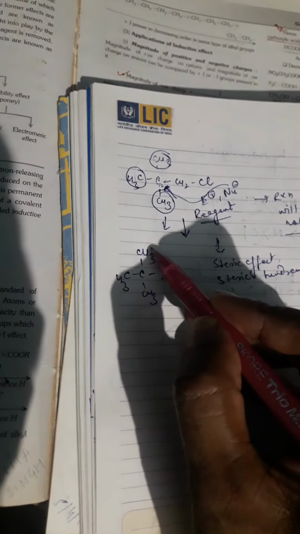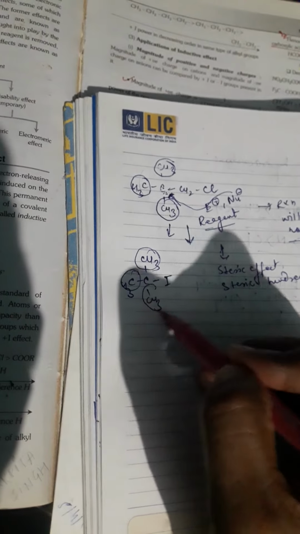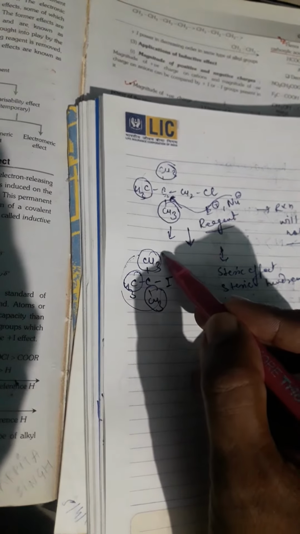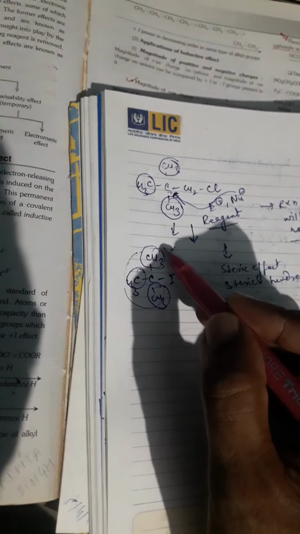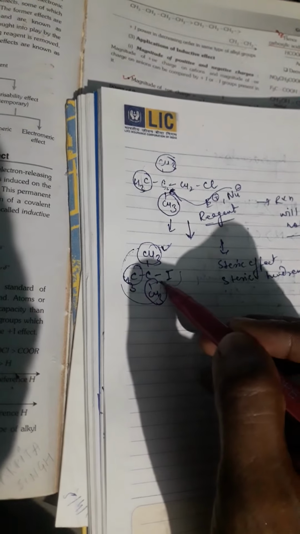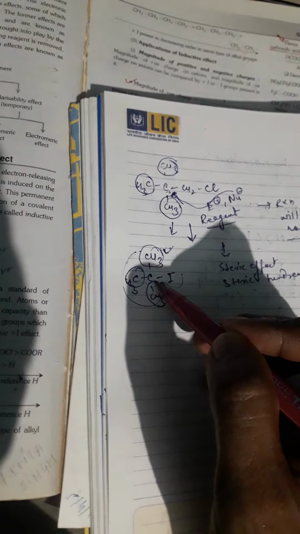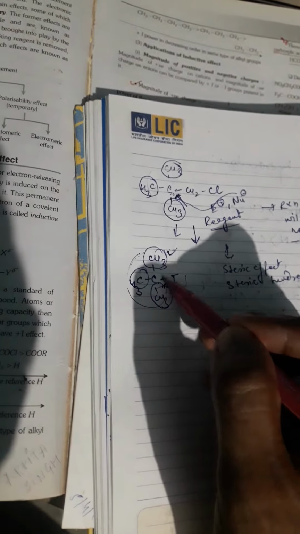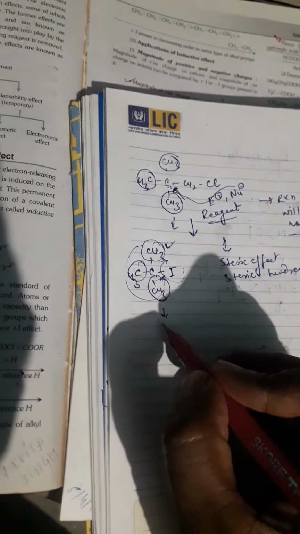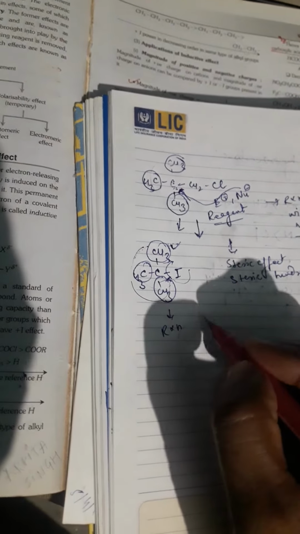This group causes steric hindrance, meaning these are bulkier groups, so any reagent will not attack easily on this carbon center. Iodine will be released, so the reaction will be slow.